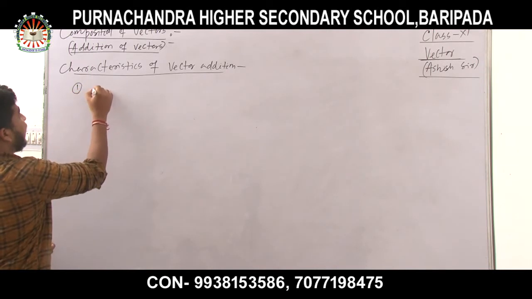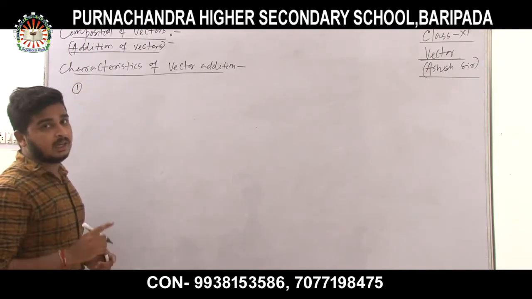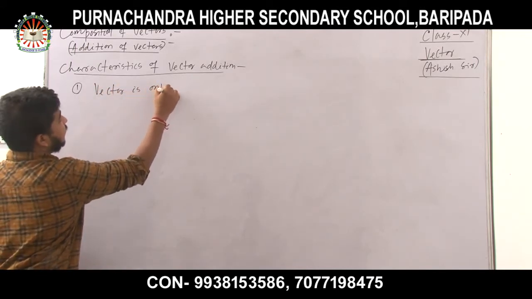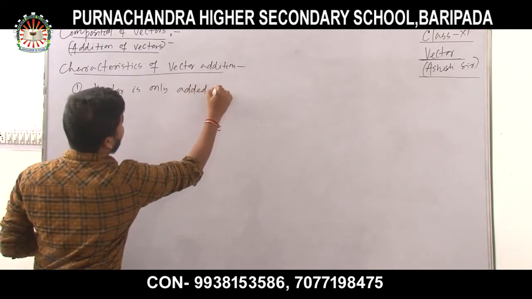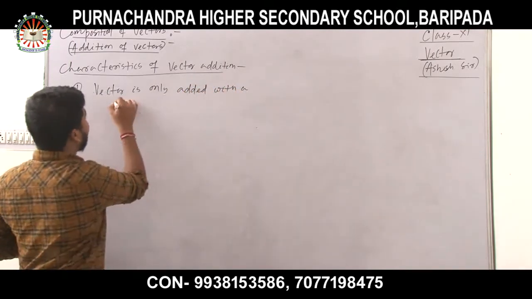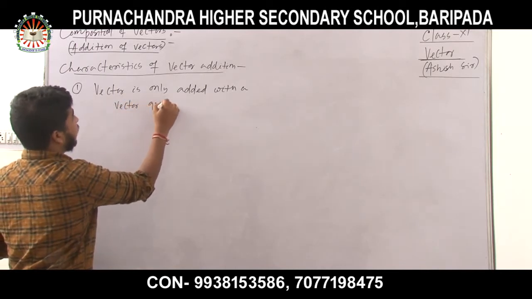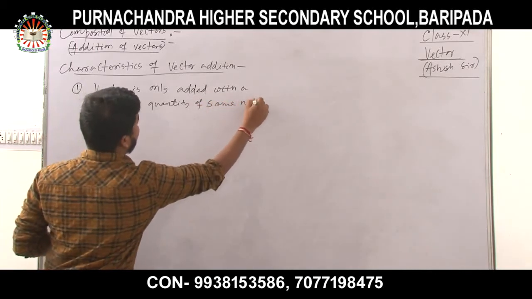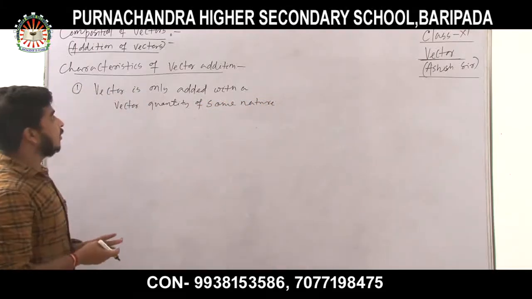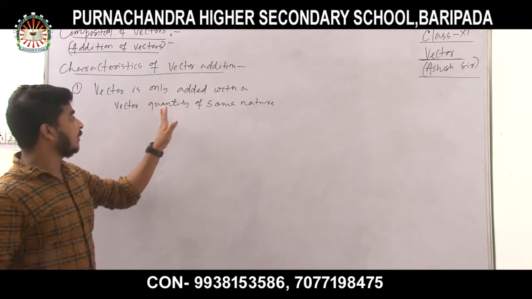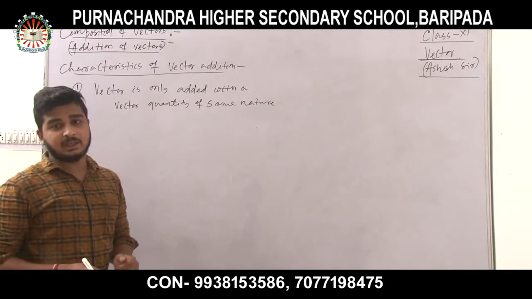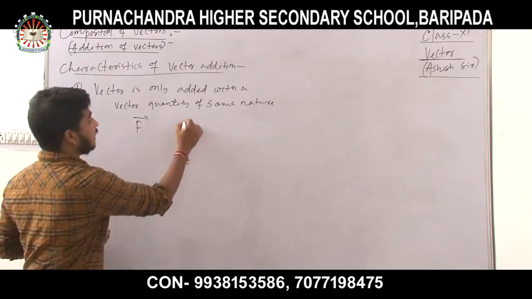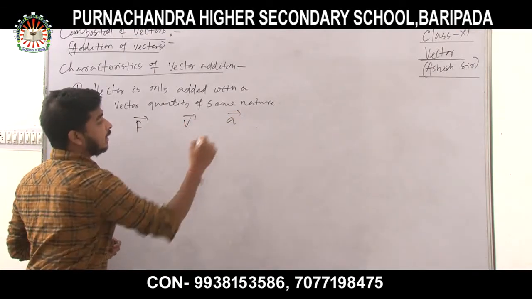So the first property is that a vector can only be added with a vector quantity of the same nature. It means force is a vector quantity, velocity is a vector quantity, acceleration is a vector quantity.